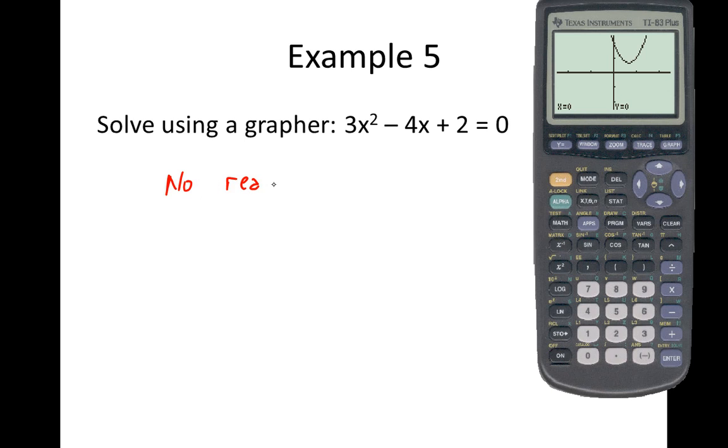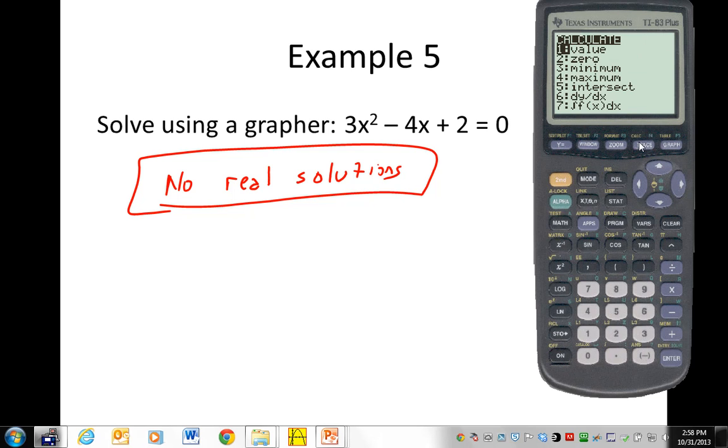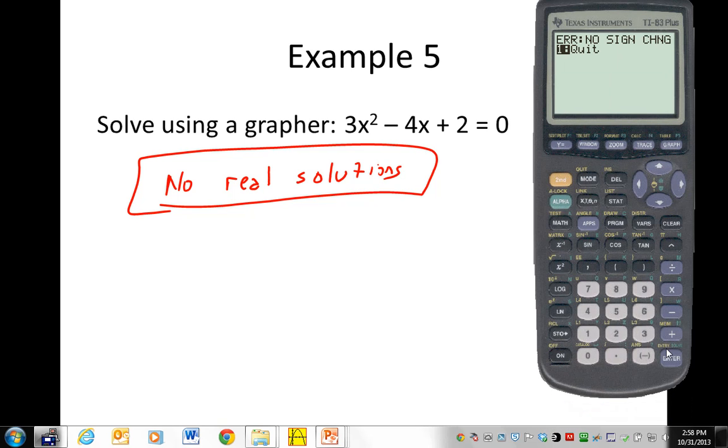Technically no real solutions. If we tried to do this, second trace, number 5, first curve, second curve, enter, it's going to give us an error message. It's not going to be able to find anything. No sign change, so that tells us no solutions.